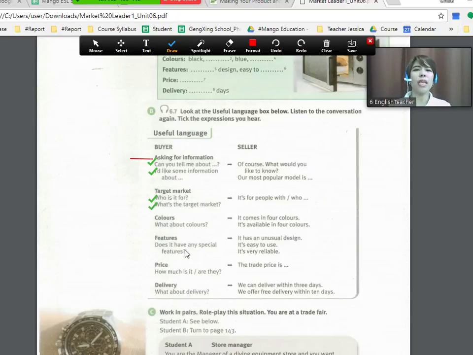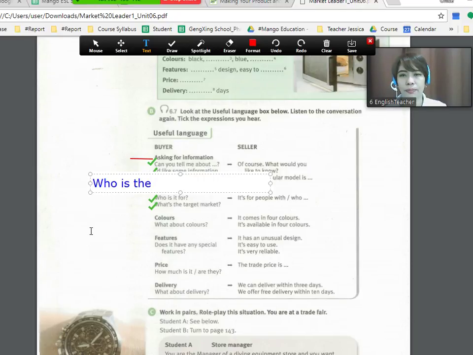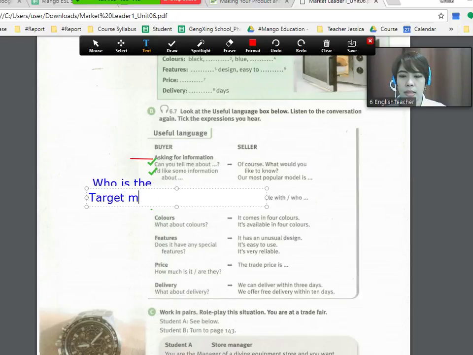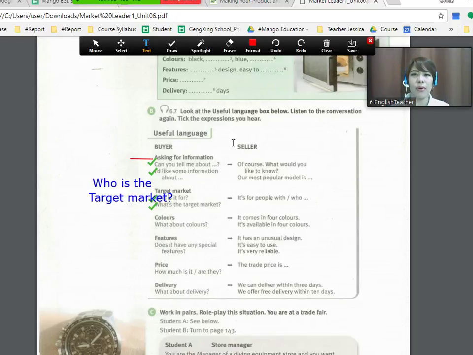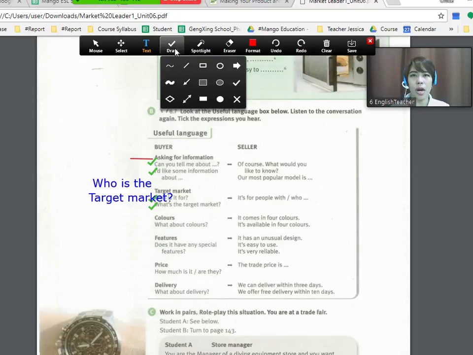Or usually we say, who is the target market? Okay, there you go.